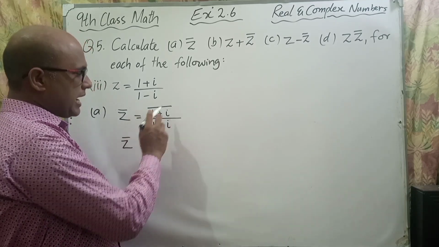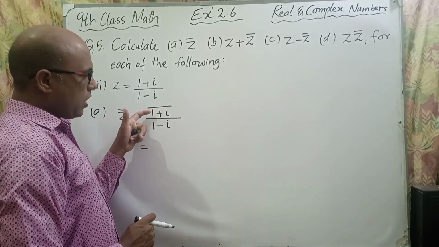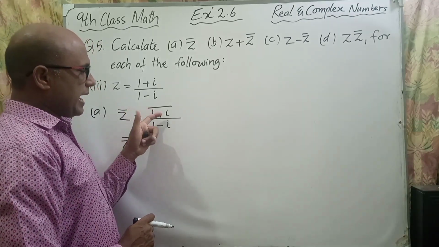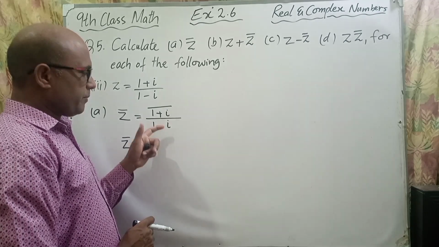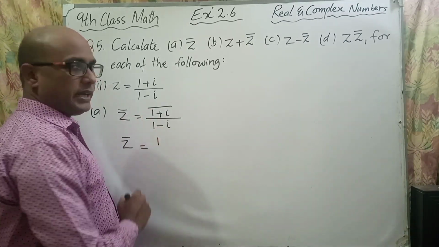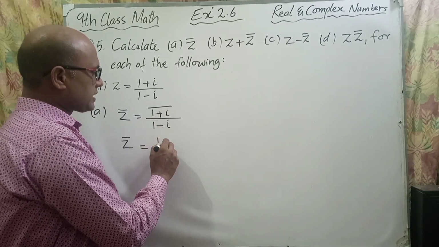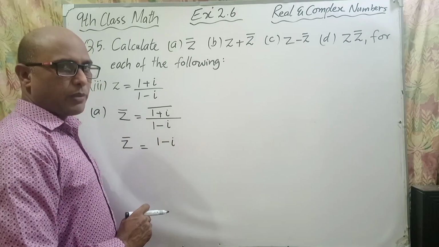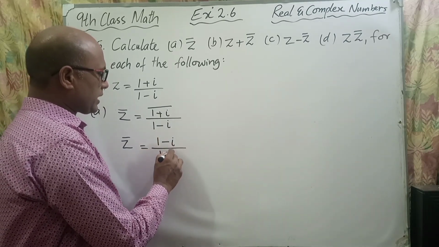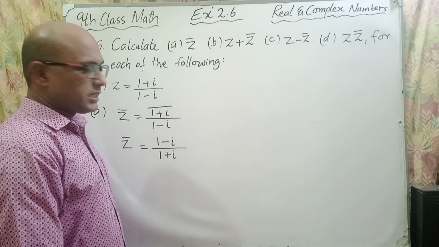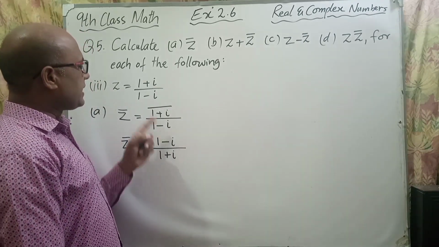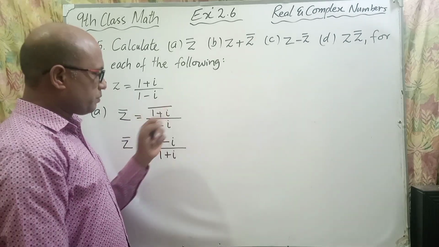This bar will be applied on the numerator and the denominator both, and the signs of their imaginary parts would be changed: 1 minus iota in place of 1 plus iota over 1 plus iota in place of 1 minus iota. So we have changed the signs to remove this bar.